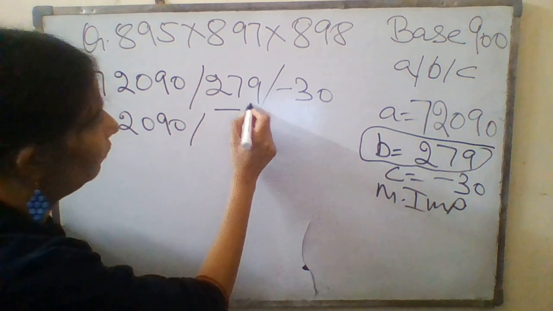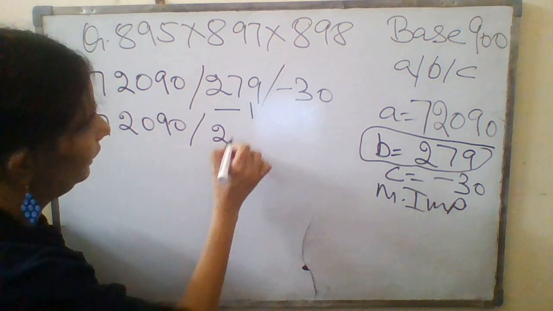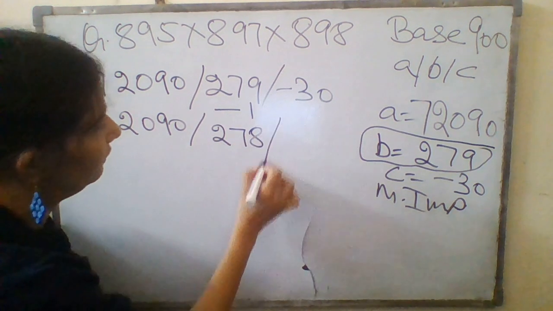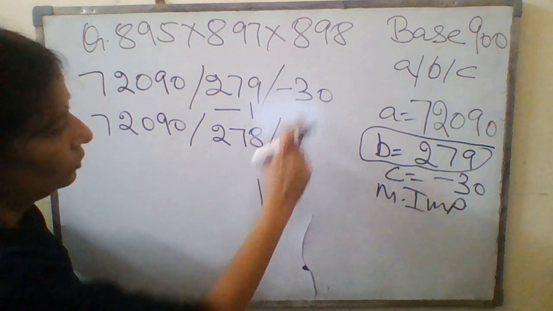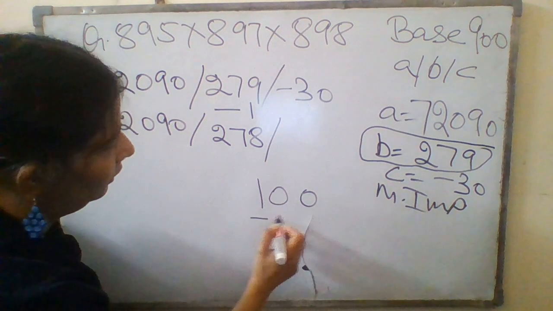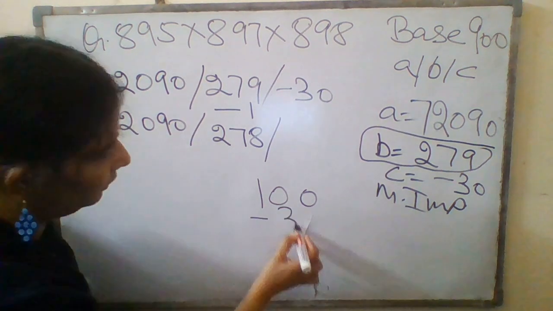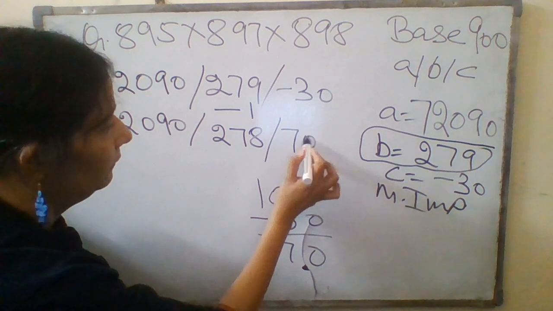I will borrow 1 from here. 279 minus 1 will be equal to 278, then slash. Now see, 1 I have borrowed. So in here you have 2 digits, so 2 zeros. Now this is 100. Now minus 30. 100 minus 30, all of you know, is 70.